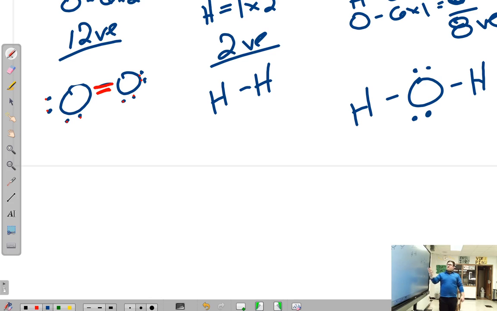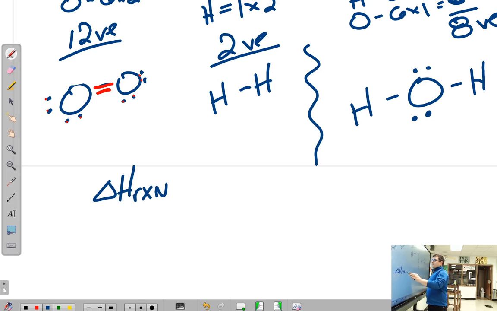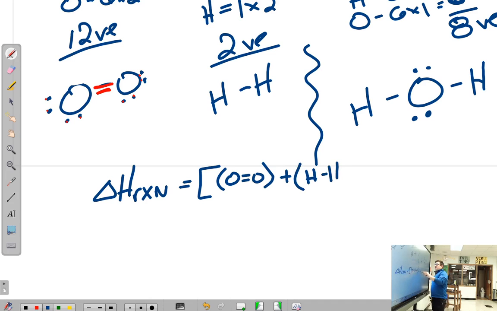Alright. So now all we need to do is find the enthalpy of bonds broken versus bonds formed. So delta H of the reaction equals bonds broken. We're going to break one oxygen double bond, one hydrogen single bond, minus oxygen hydrogen bond.